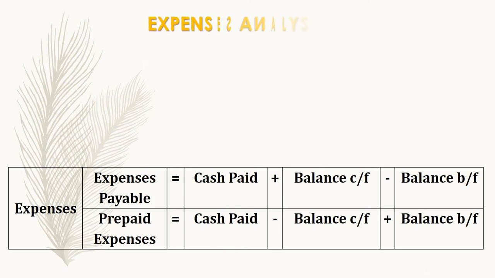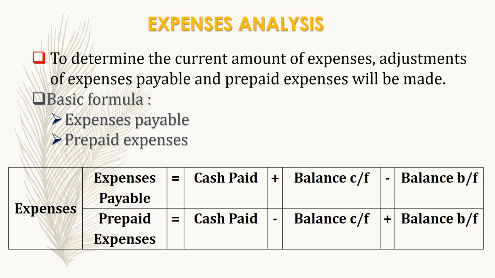Next we go to expenses. For expenses analysis, you can either use T account or you can use the formula given below. If the expense given in the balances is payable, you need to take the cash paid in the cash book, add it to the ending balance in the asset and liability balance given, and then minus the beginning balance given in the question.